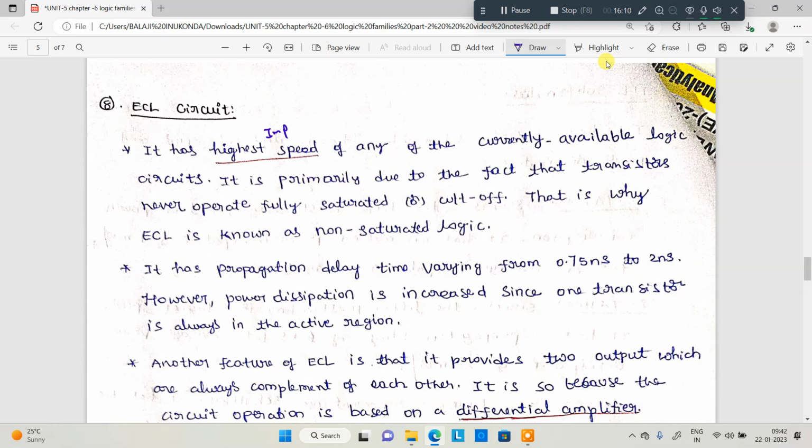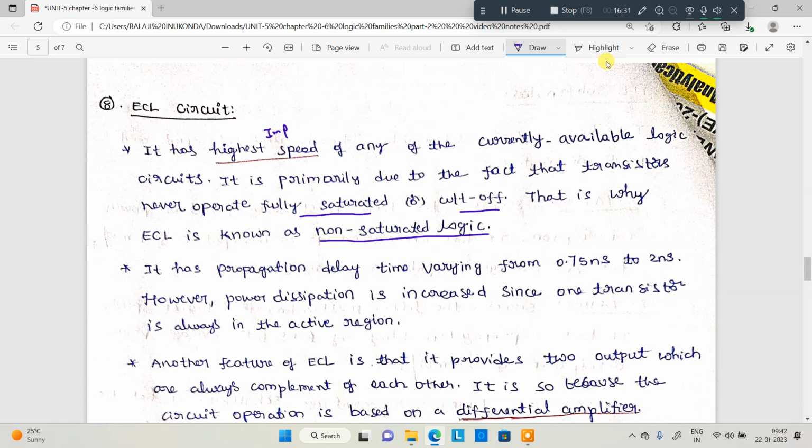The recently available logic circuit is fast primarily due to the fact that transistors never operate fully saturated or fully cut off. That's why ECL is known as a non-saturated logic. Until now we discussed saturated logic. ECL's speciality is that it is high speed because it is a non-saturated logic.